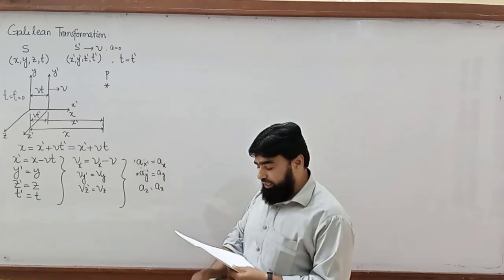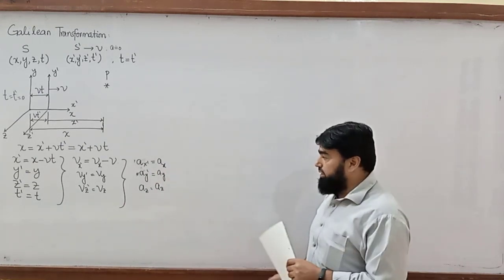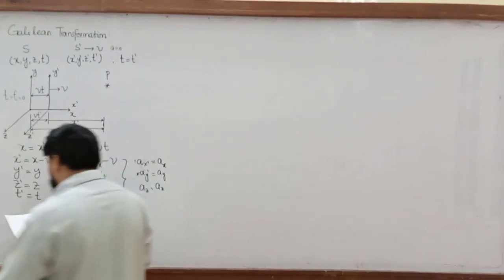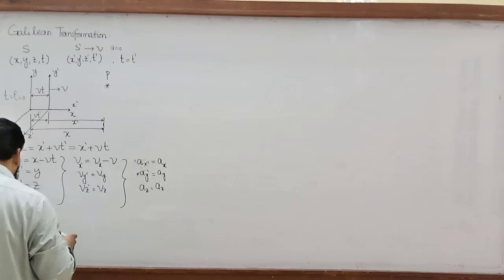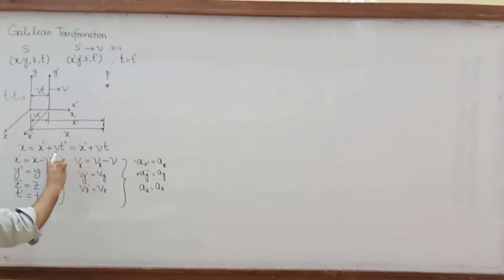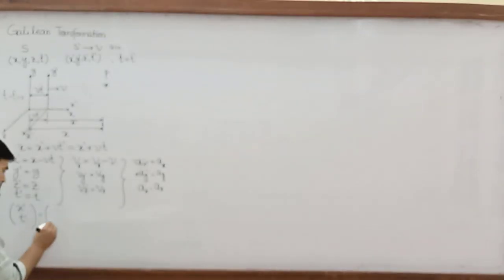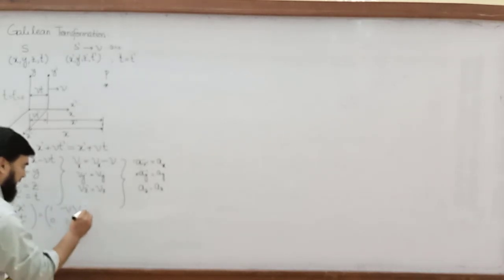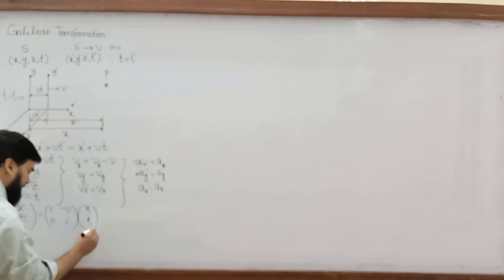And now write this thing in the linear algebra form. To write this in the language of algebra, I can write the Galilean transformation as x prime and t prime, because these are the two variables which are changing, equal to the matrix 1, minus v, 0, 1, acting on x, t.